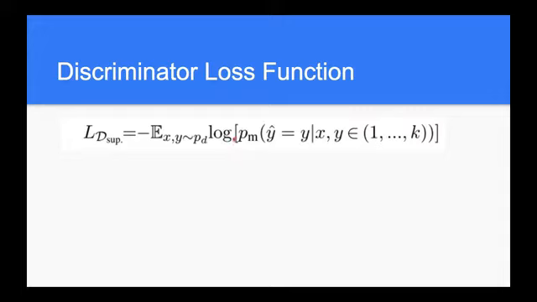So you want to maximize the log probability of the correct class given the condition x. Your class can only be 1, 2, 3, 4, and so on up to k. You need to classify this real example correctly. This is for labeled data.